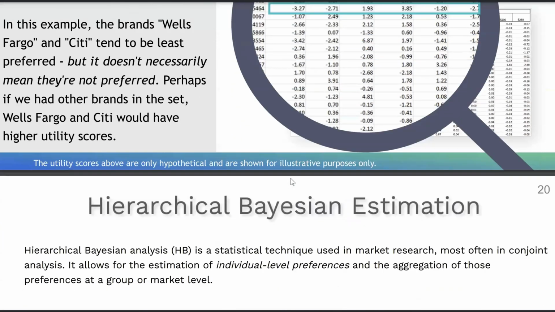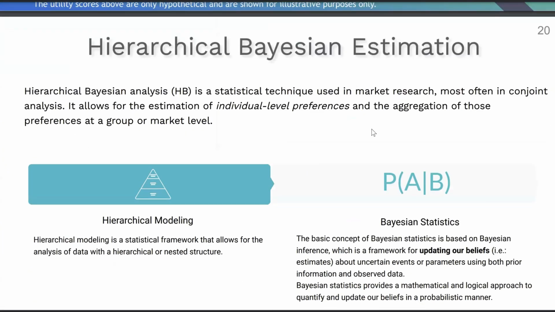That's basically hierarchical Bayesian at a high level. It comes from the practice of hierarchical modeling, and hierarchical means there's a higher level and a lower level. The higher level is an aggregate group of all of the people, and the lower level is every one of the individuals.